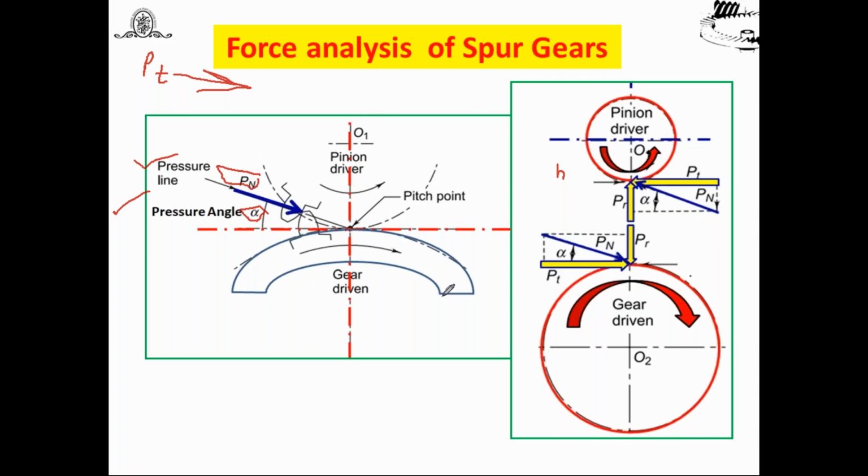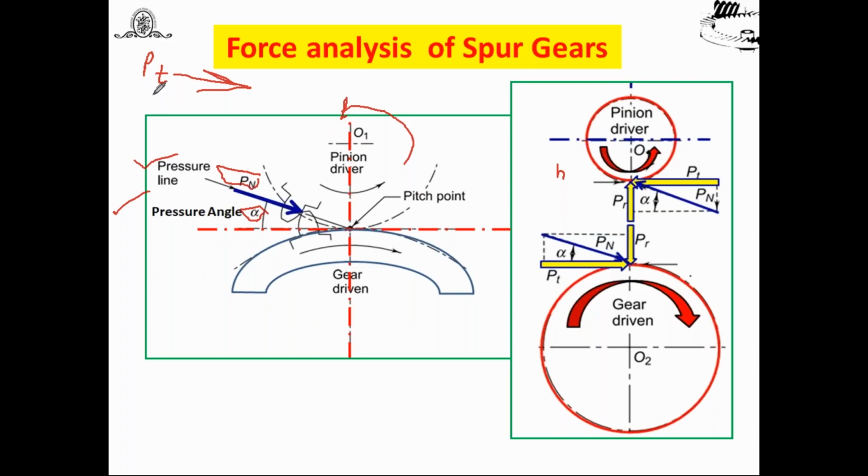As shown, the pinion rotates in anti-clockwise direction and the gear rotates in clockwise direction. That means the first important thing is you must know the direction of rotation of the driver and driven gear. Driver means pinion, suppose, and driven means the big gear in case of spur gear. That is one important thing.